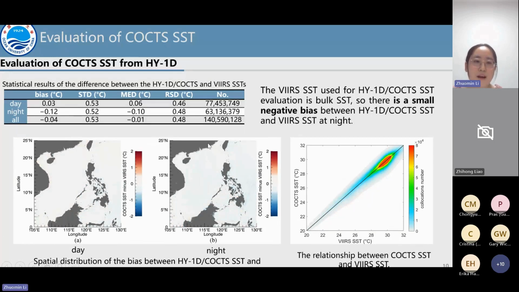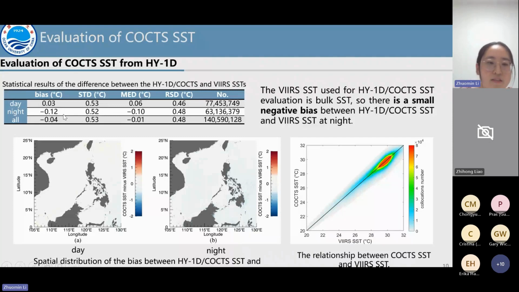And then these are the results about evaluation of COCTS from HY-1D. This is similar to the results of HY-1C, but there are some differences between day and night. We can see during the day, the bias between HY-1D COCTS SST and VIIRS SST is 0.03 degrees, and the standard deviation is 0.53 degrees.